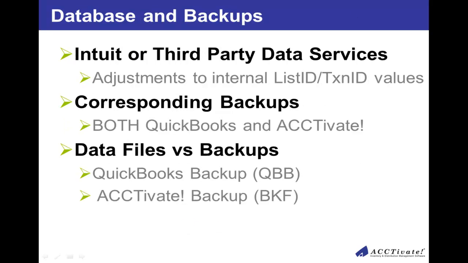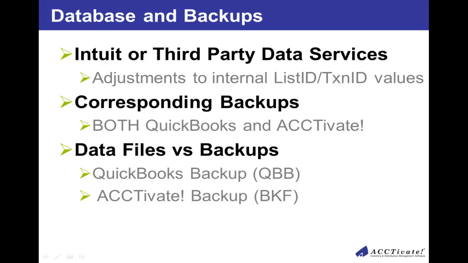These questions come up a lot, and this is the last segment, and then we'll jump into the demo. The Intuit data file needs to be very, very close in synchronization with ACCTivate. And some of the problems we ran into, and I just need to make sure I put this out there so if it comes up, you'll be prepared for it, is that any adjustments to those internal identifiers, such as a list ID or a TXN ID, can cause problems with our synchronization because we rely upon those to know which records match.